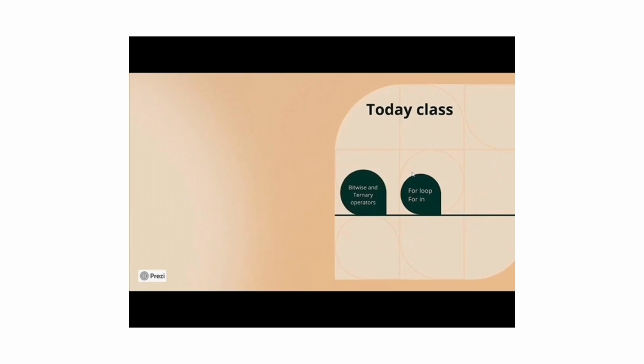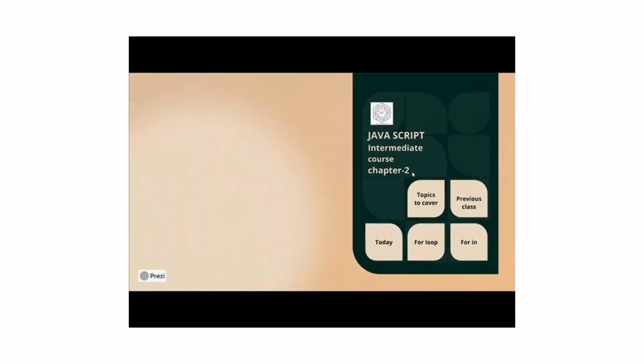But if I explain all of that in the same chapter, you may not understand it properly and it may create confusion. So in this chapter 2 I am only going to explain the for loop and for in loop. In chapter 3 we are going to see the for of and for each loop. First of all, we are going to start with the for loop.